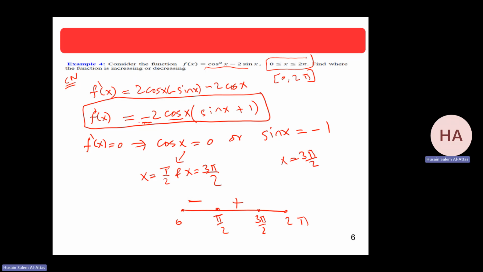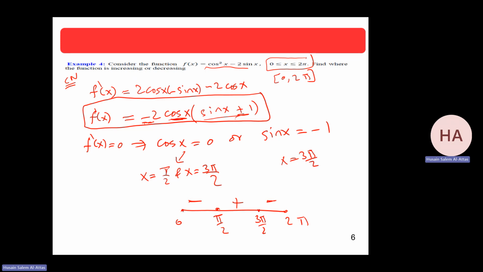That will be negative. Sine 7 pi over 4 plus 1 will be positive, since the minimum is minus 1 and it will not reach minus 1 at 7 pi over 4. So this will be a positive value.